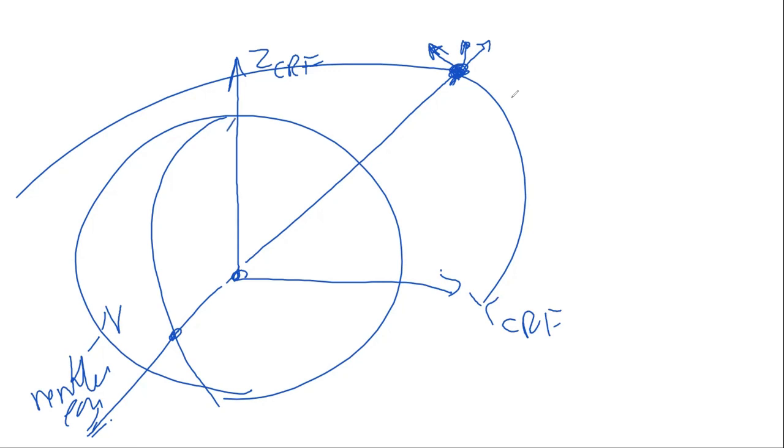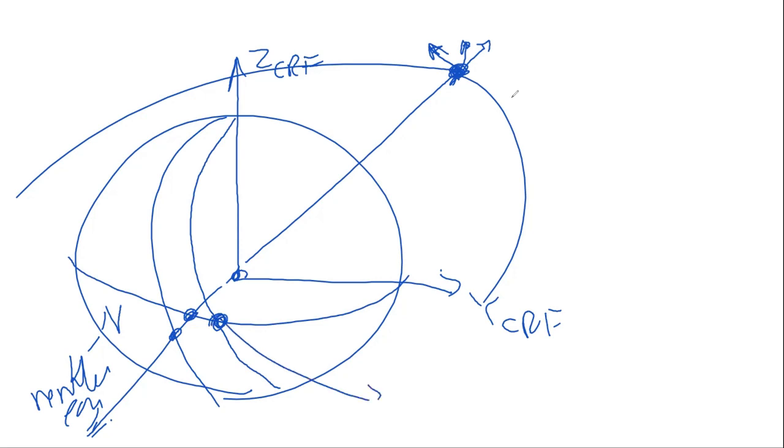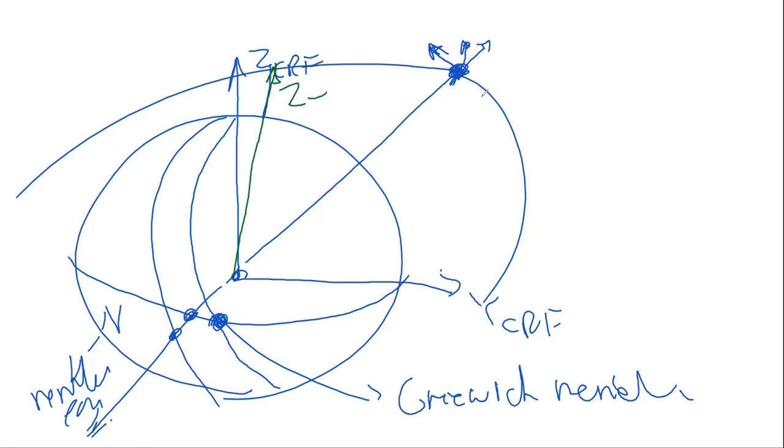And also we have another frame, and here let me draw this. This one is gamma, and here is this Greenwich meridian. Then when we consider that, of course here I have, let me change the color, Z CRF.